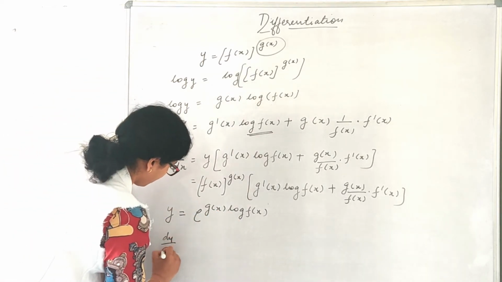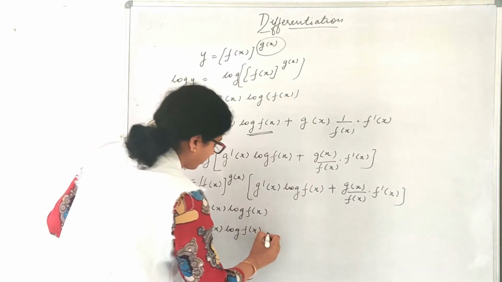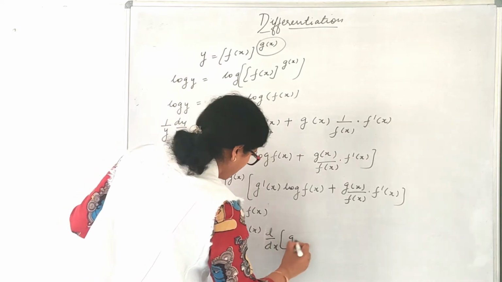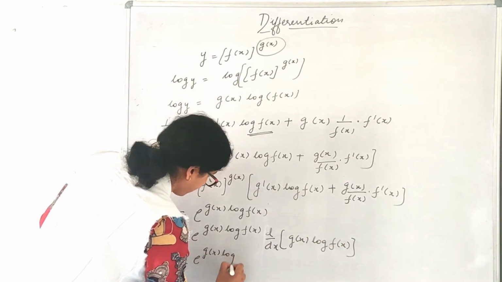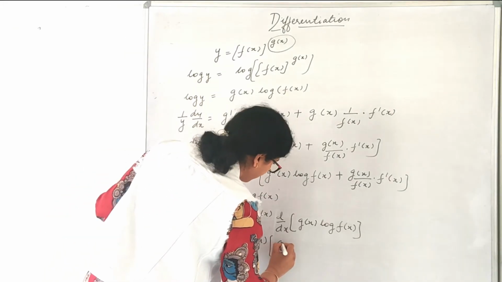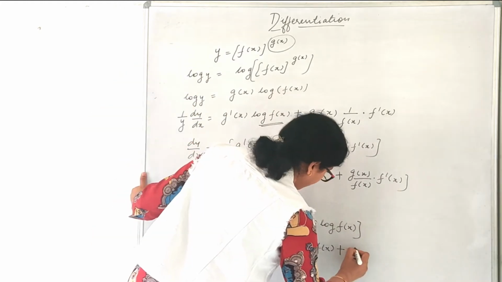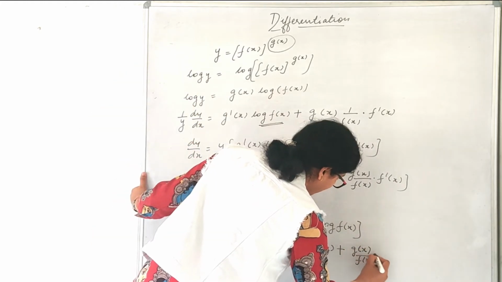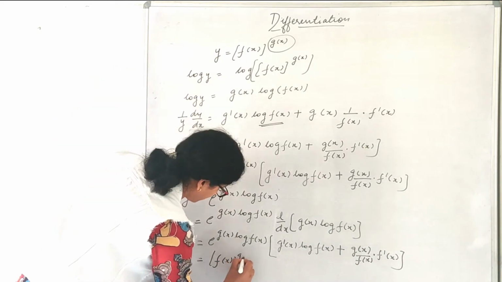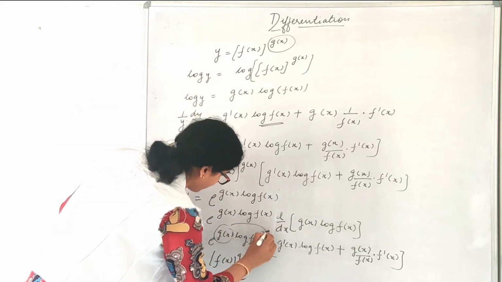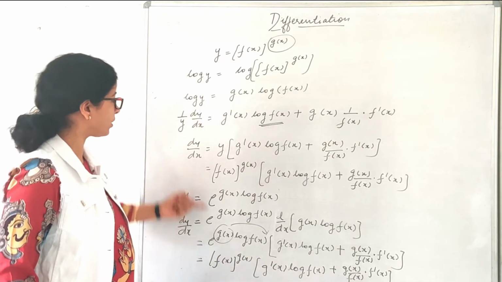So dy by dx equals e to the power g(x) log f(x) into the differential of g(x) log f(x), which will be g'(x) log f(x) plus g(x) upon f(x) into f'(x). If we simplify this part, f(x) to the power g(x), using the property of log. So this is also a way to write it, or you can use the earlier one.